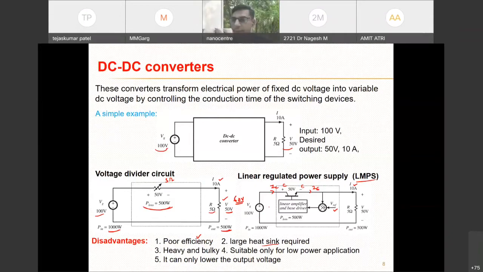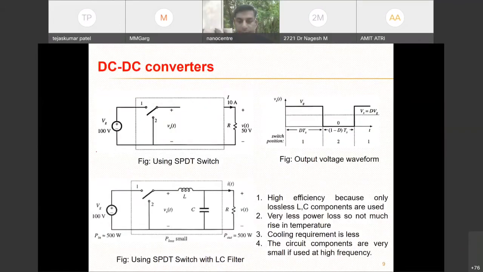Due to that, this power supply becomes bulky. We may see in our labs also, at the backside there is a large heat sink on which metal kind of transistors are mounted, right? So the disadvantage in both the cases is poor efficiency, and a large heat sink is required. Due to that, the power supply becomes heavy and bulky.